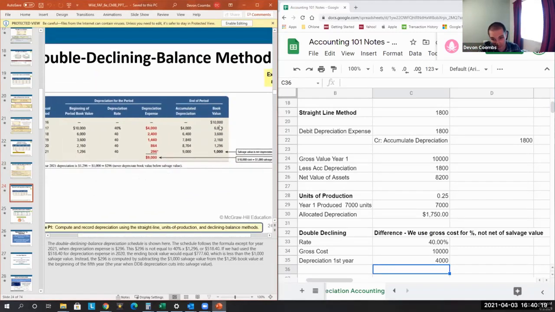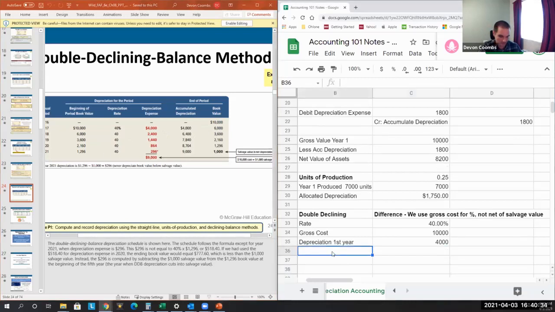The schedule works out, we start with 10,000, then our first year we'll have a depreciation expense of 4,000. And then we'll have 6,000 net value because the 10,000 minus the 4,000. That 6,000 then will be multiplied by 40%. Or we can call it gross cost book value.